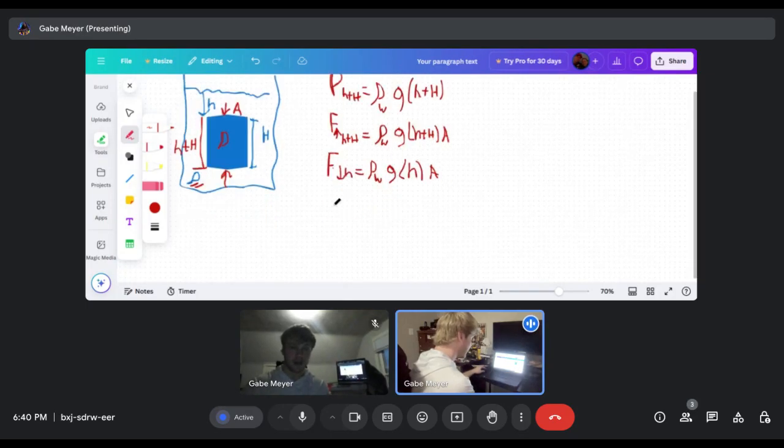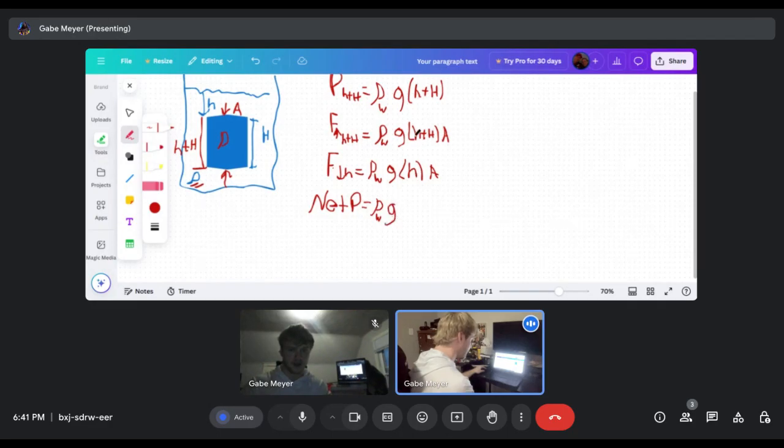So we can find the net pressure force. The net pressure, just put net P, is equal to the density of the fluid, which we have named water, times gravity.